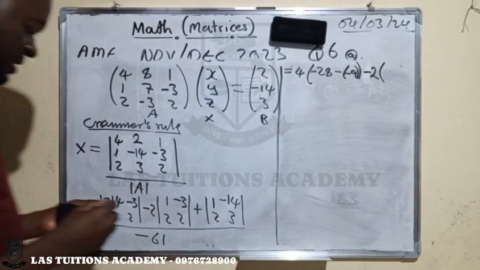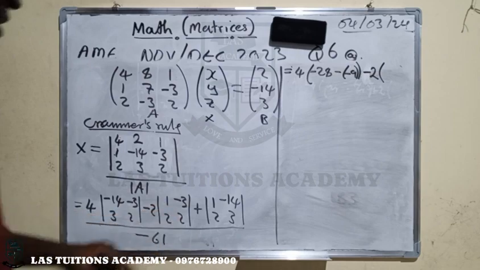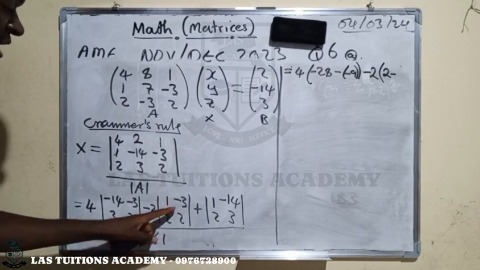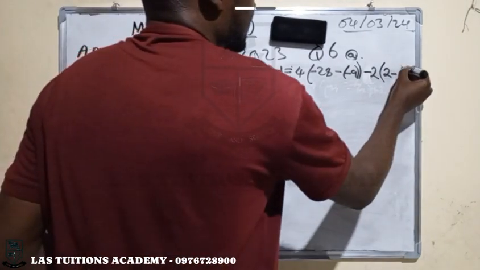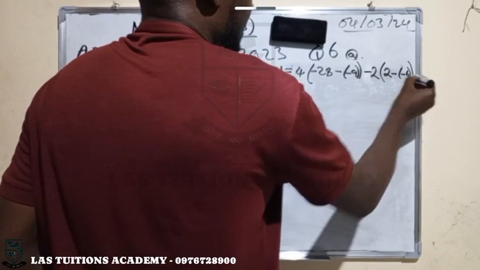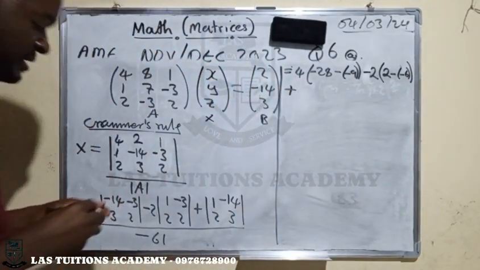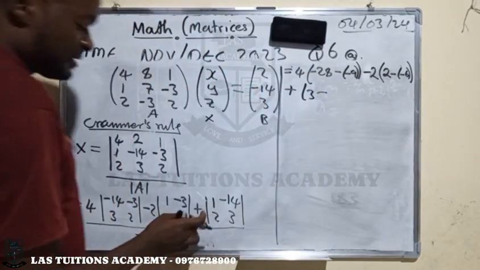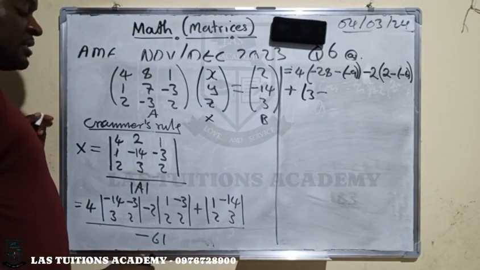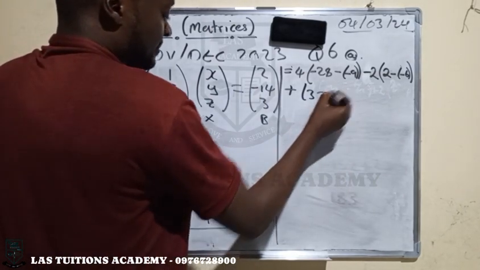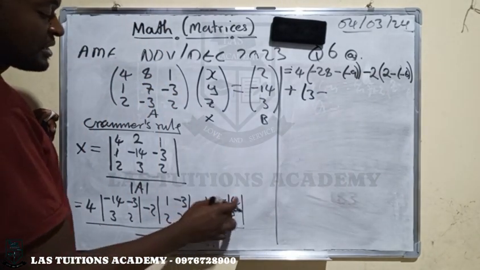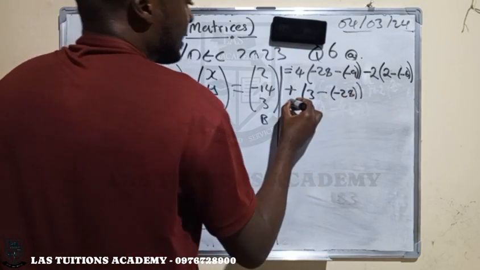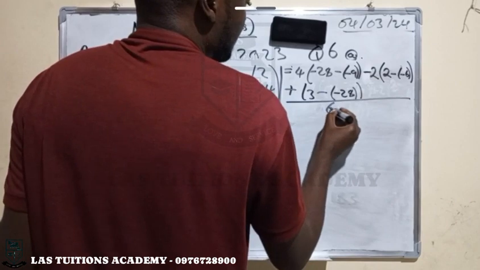Then inside the brackets you have 1 times 2, we get 2, minus 2 times negative 3, we get negative 6. Then plus 1 times 3, we get 3, minus 2 times negative 14, that's negative 28. Everything over negative 61.